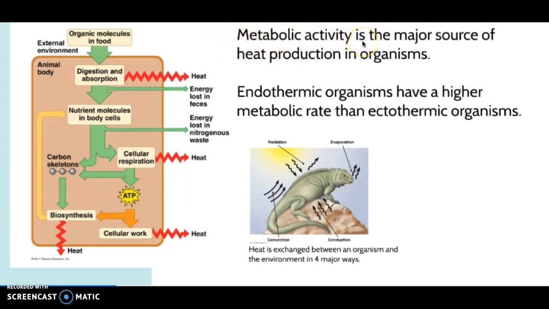So metabolic activity is anything from the formation of macromolecules to the breaking up of macromolecules. And when you're doing any type of cellular activity, it releases heat. So as you know from physics, if you've taken it, there is no work that can be done that's 100% efficient.